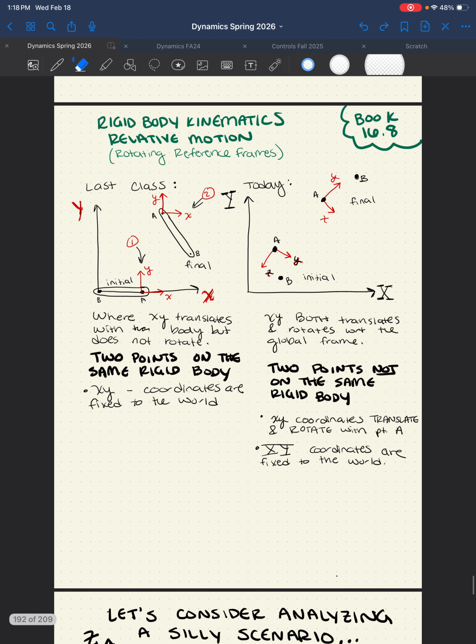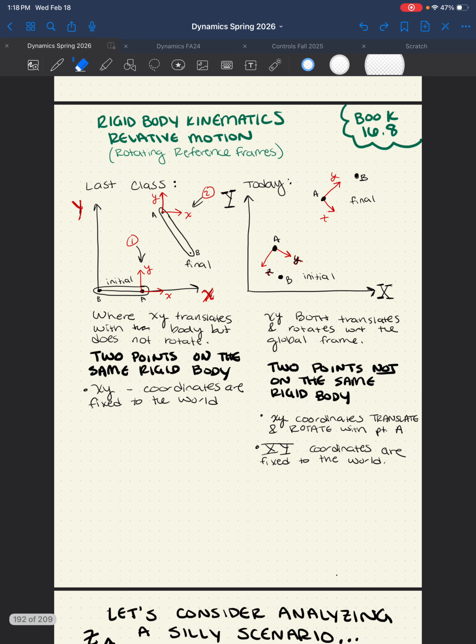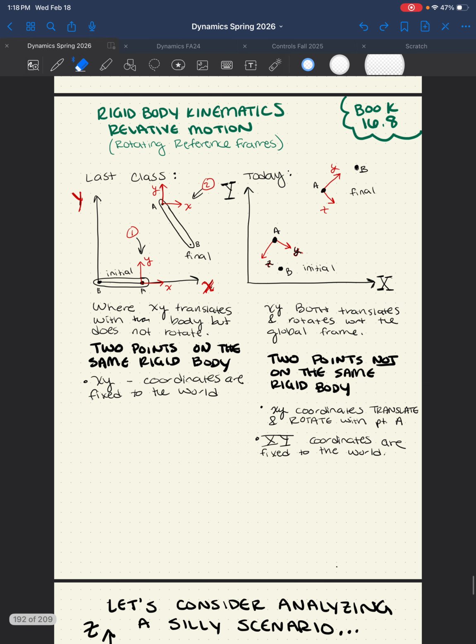So today we're moving from the very last section that we did before exam 1, which was relating 2 points on the same rigid body. So that's depicted here. From our last class before the exam, we learned equations for relating 2 points that are fixed on the same rigid body.